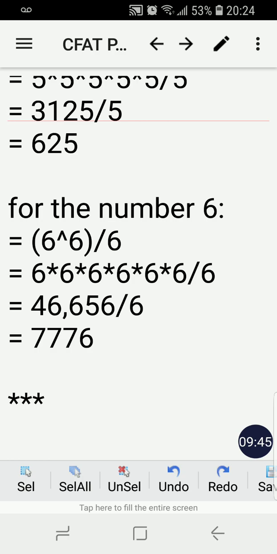For the number 6, it is 6 to the 6th power divided by 6. So we have 6 times 6 times 6 times 6 times 6 times 6, which is 46,656, divided by 6 is equal to 7776. Okay.